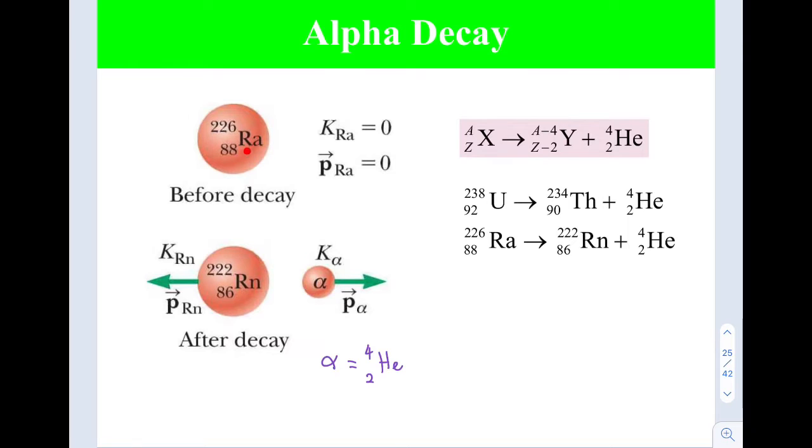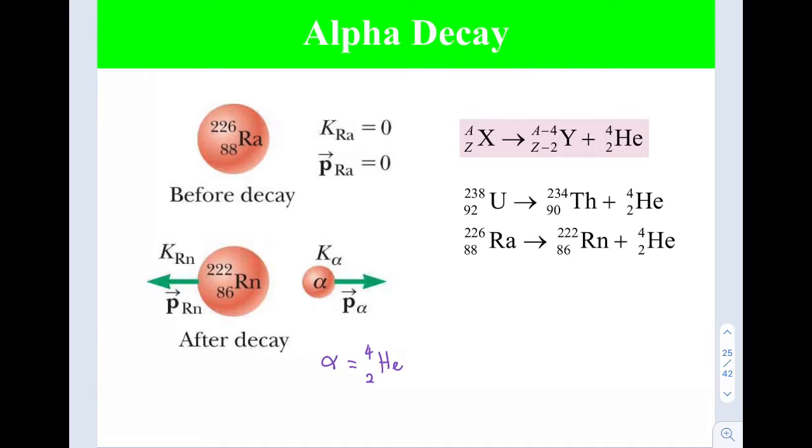That is why the radium releases, or reduces, 4 of its A and 2 of its Z. So they are going to split. Here will be the kinetic energy of the alpha, and in this direction the radon is going to move with its own kinetic energy and momentum as well. So all the time, conservation of kinetic energy and conservation of momentum must be obeyed.